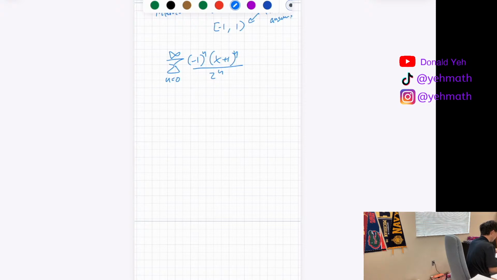But if you put -3 in, you get -2. Well, this still diverges.